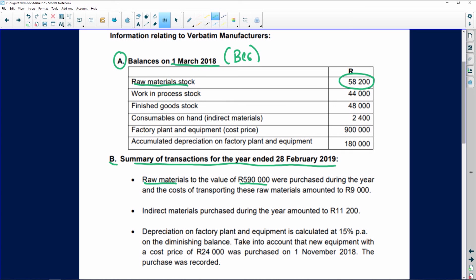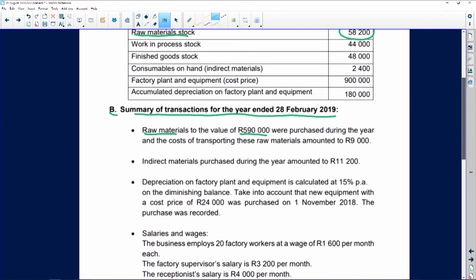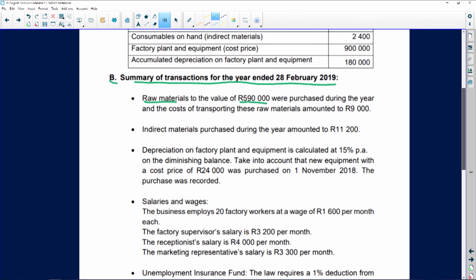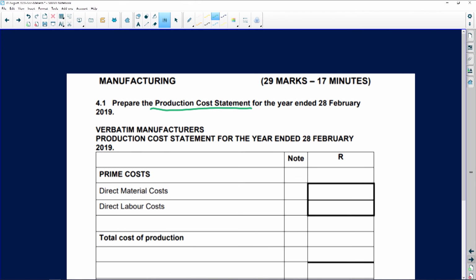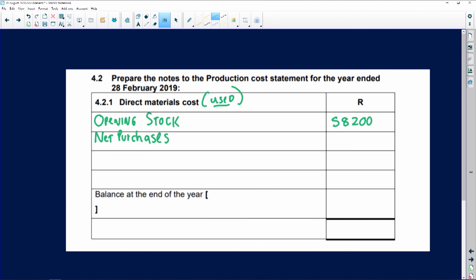Right, if I scroll down, there's no additional information about me returning any raw materials. So the net purchases in this case is the 590,000. I don't have to adjust this figure. But remember guys, if you did have to adjust, show your calculations in brackets. So 590,000 is my purchases of raw materials.